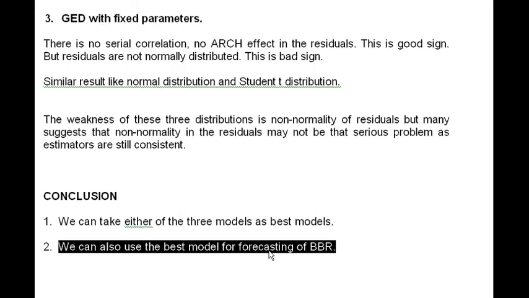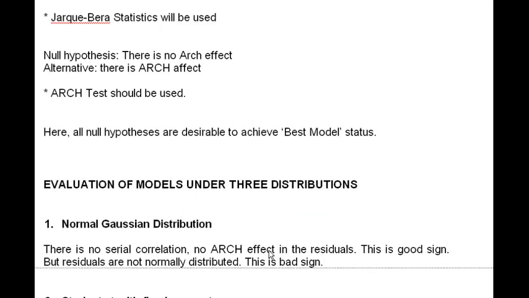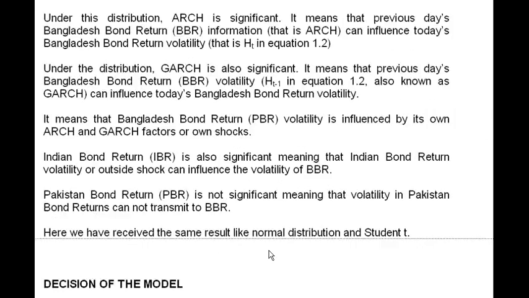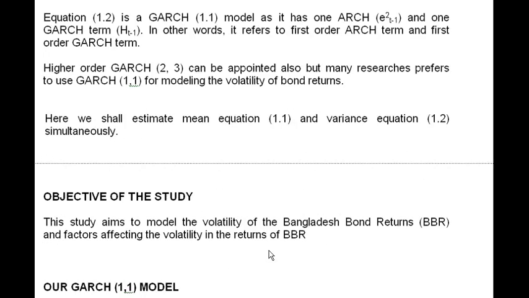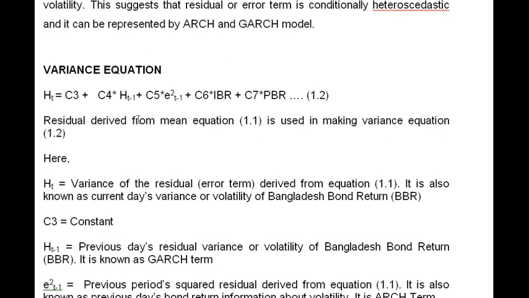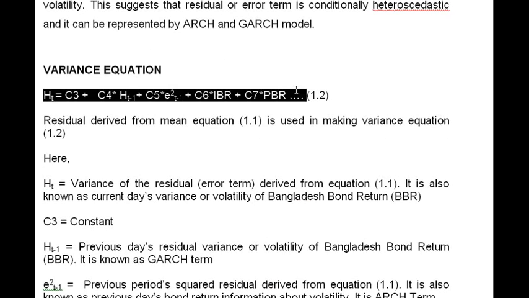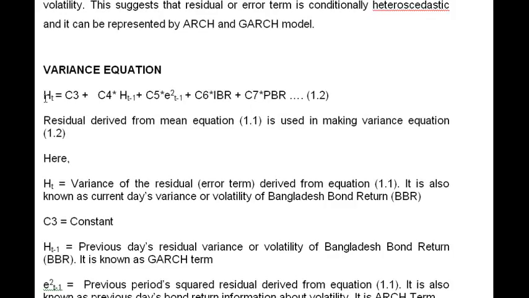Actually here all three models are the best, so you can choose any one to estimate. So this is our model, the GARCH model. So we can use the model to forecast the volatility of Bangladesh bond return.